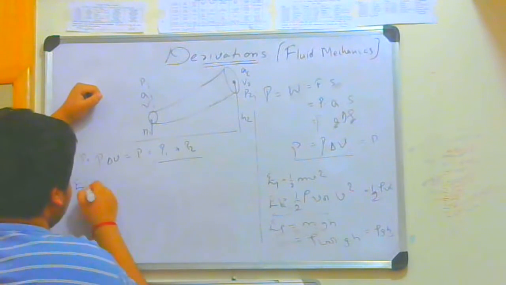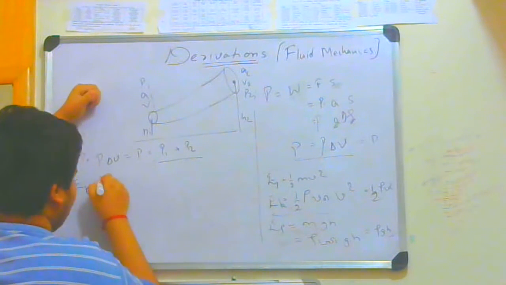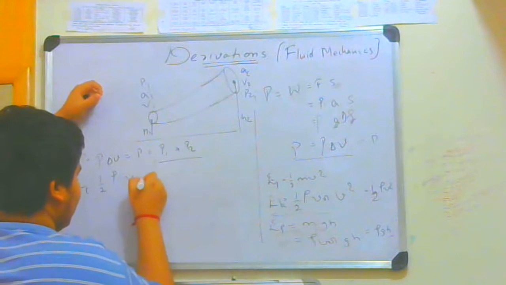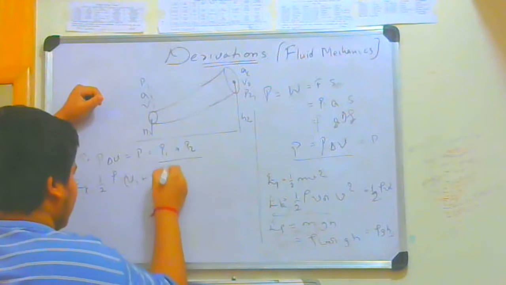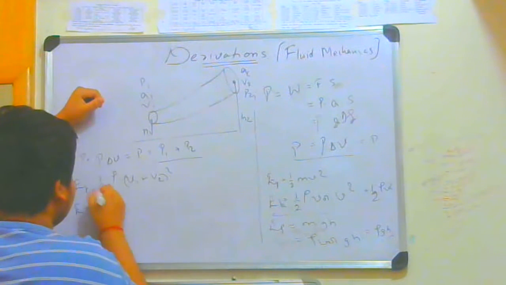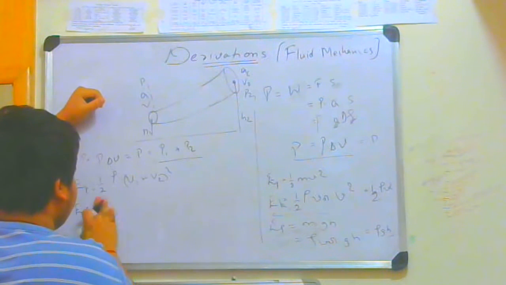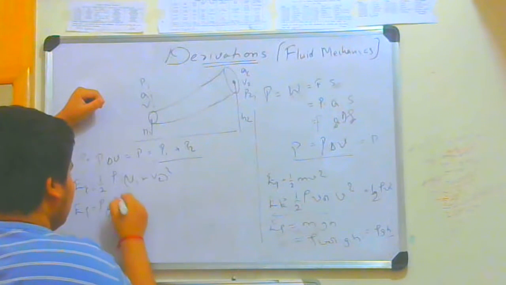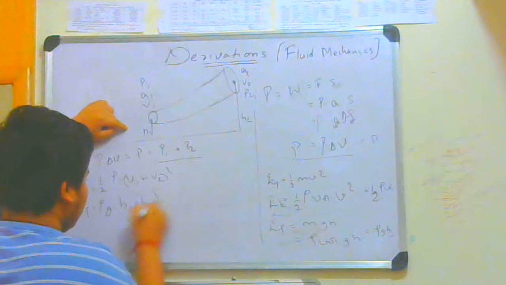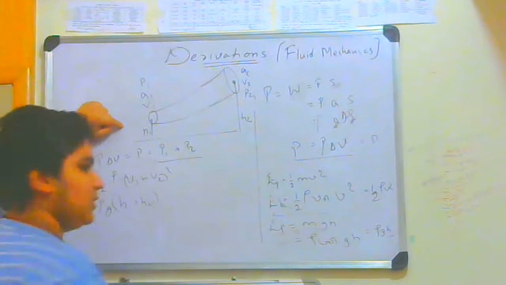So energy kinetic in both the cases will be half rho V1 plus V2 the whole square. Energy potential will be rho g, h के बदले में आप h1 plus h2, that is whole multiplication of this.